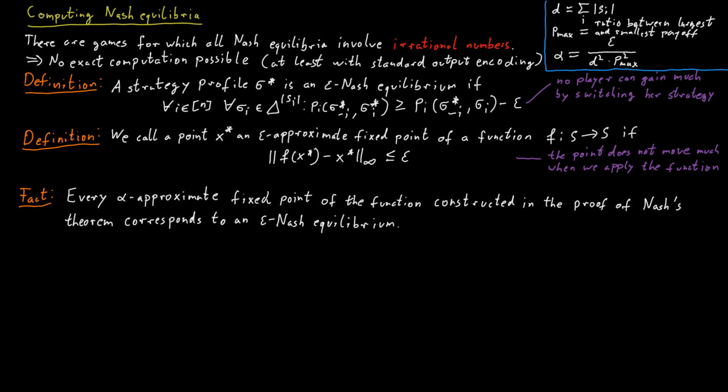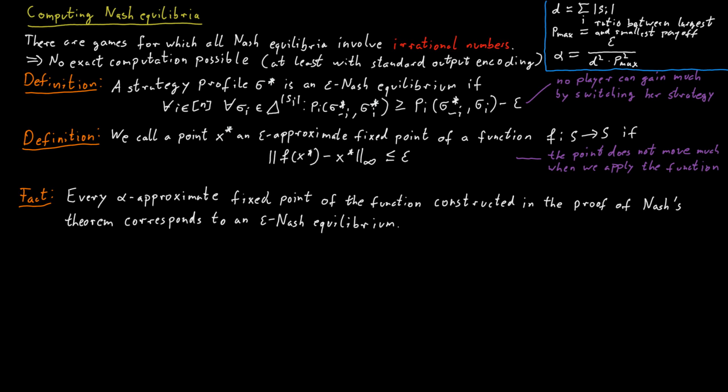Now, we cannot use this to compute exact fixed points. This is because it would essentially require us to create an infinite number of infinitely small simplices. But maybe we can use it to find approximate fixed points if we make the simplices small enough, but not infinitely small.